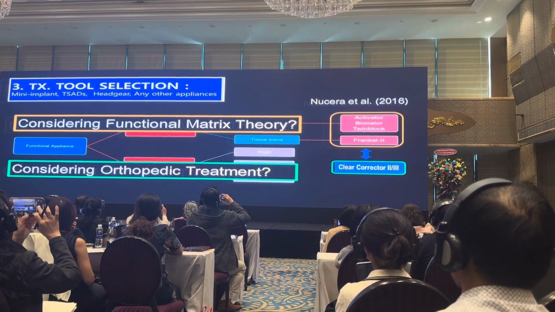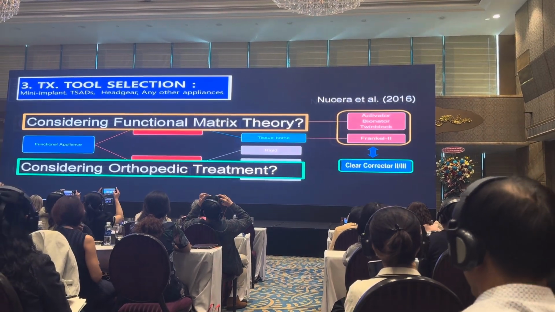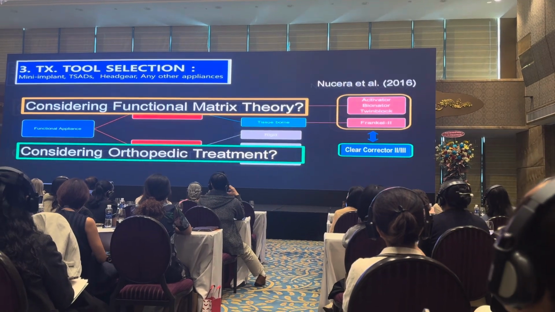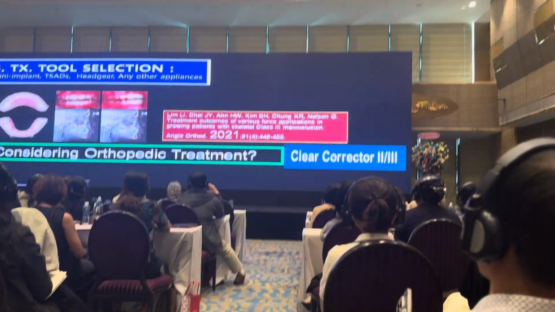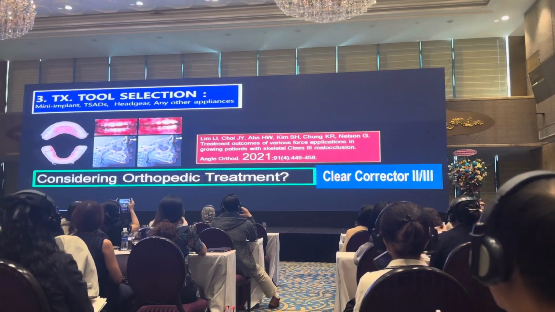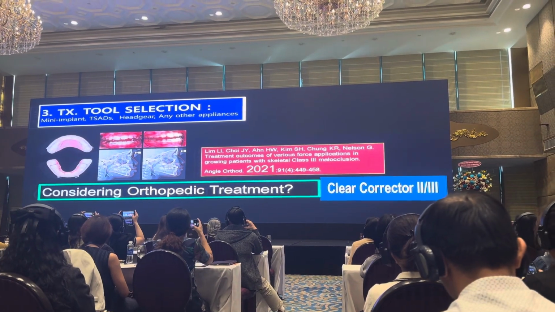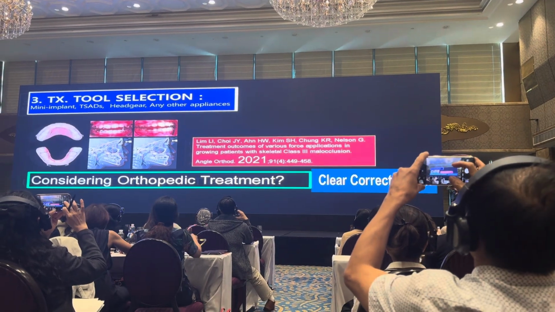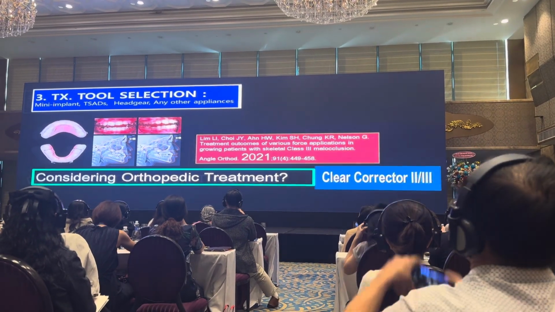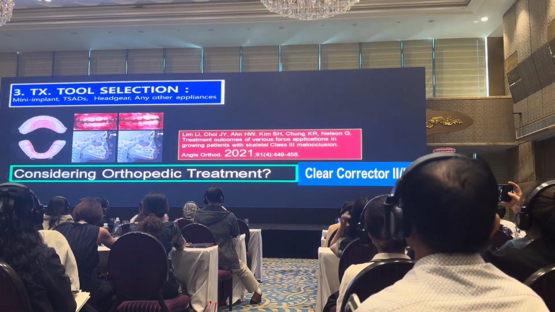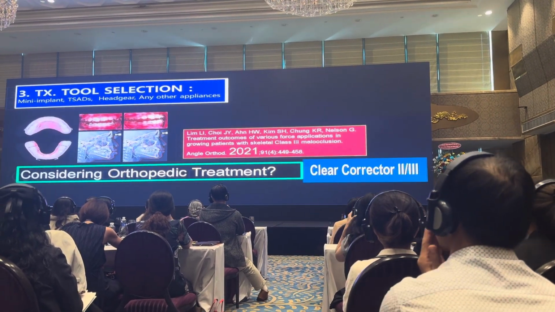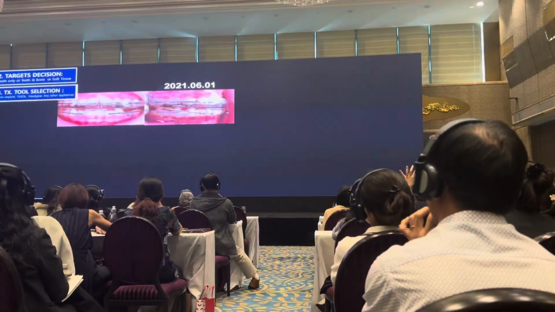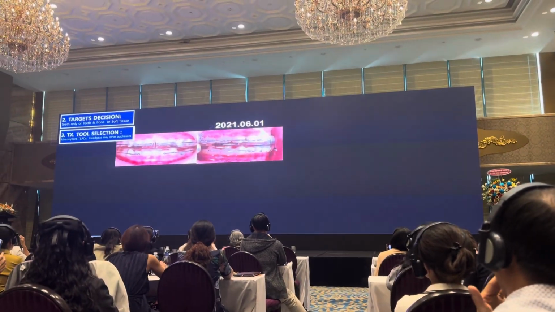Now, for this patient's treatment, we applied orthopedic treatment using Clear Corrector 3. The Clear Corrector 3 uses upper and lower horseshoe appliances and light pulse flattery appliances. Therefore, for these patients, we applied different force of light elastics. We started the treatment.